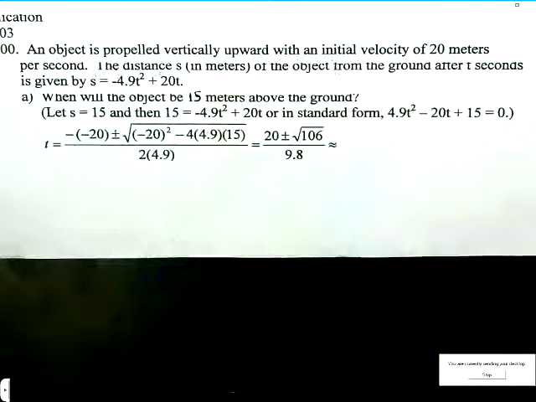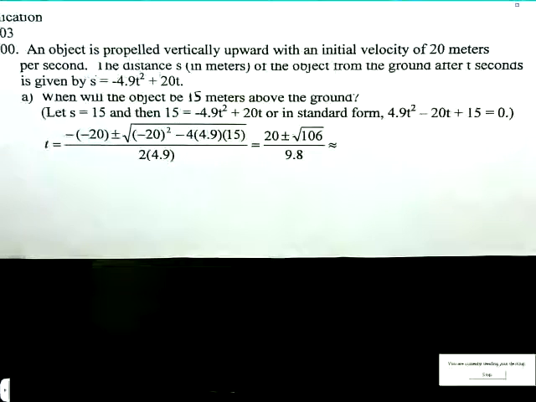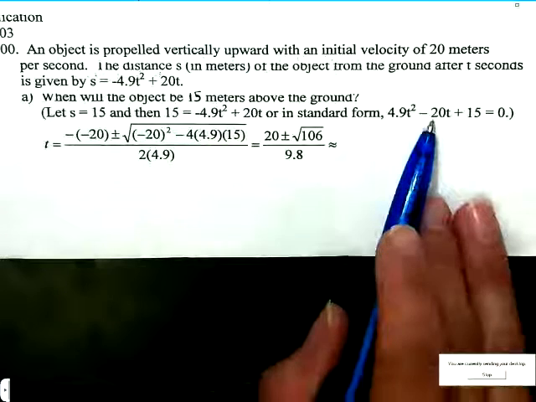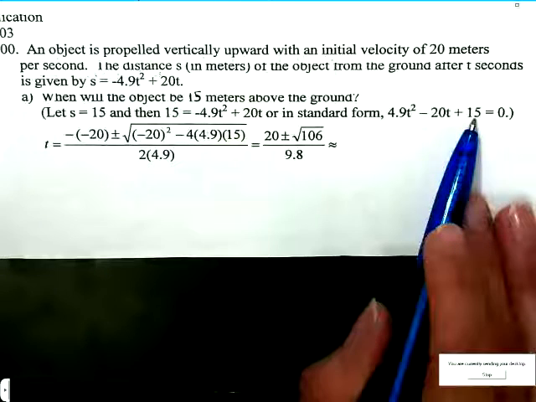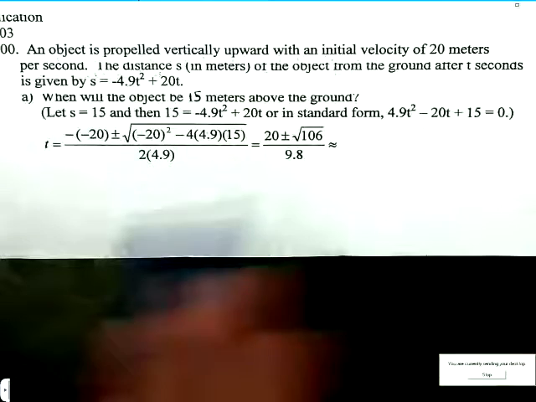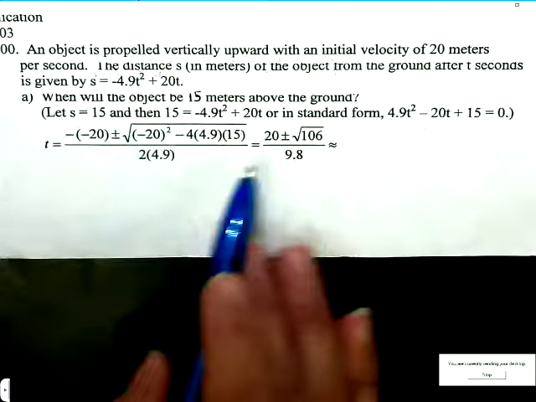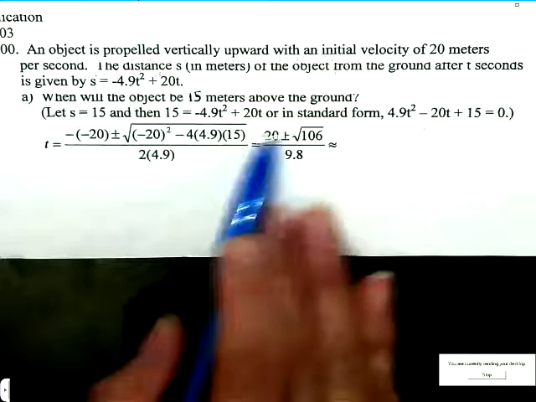Now again, the one on the test is not quite this ugly. You don't have to plug decimals into the quadratic formula, but with a calculator, that really shouldn't be a big deal. If A is 4.9, B is negative 20, C is 15, here's what you get when you plug that into the quadratic formula, and here's what you get when you simplify it a little bit.